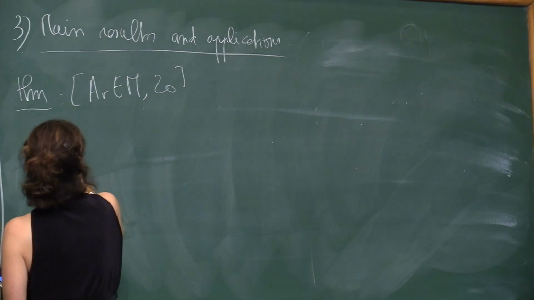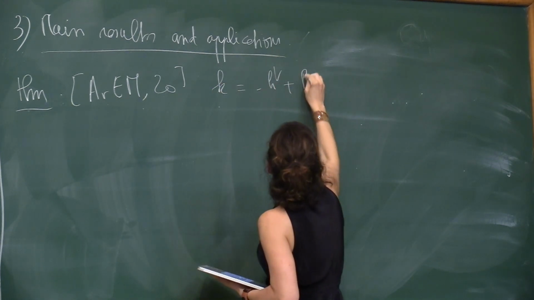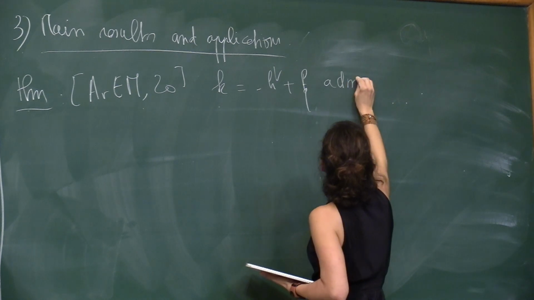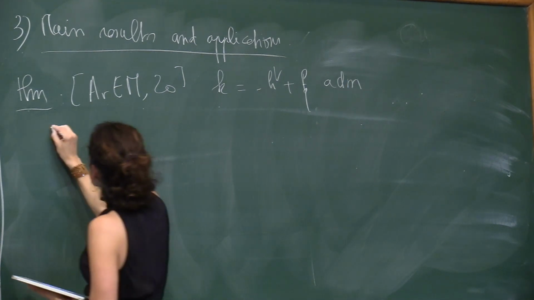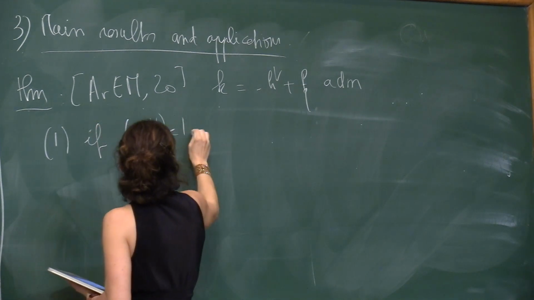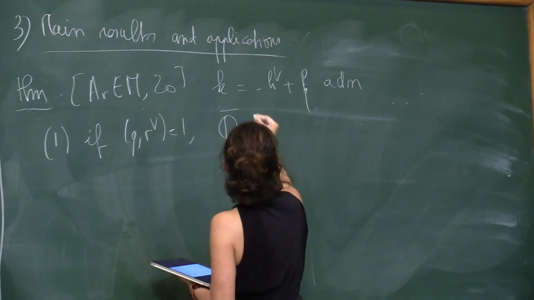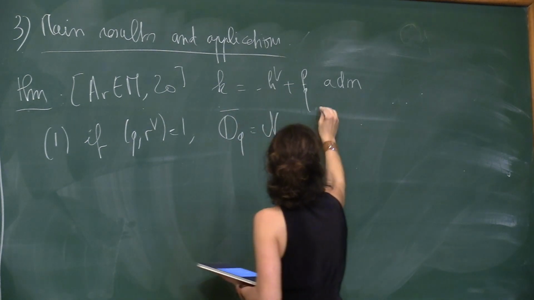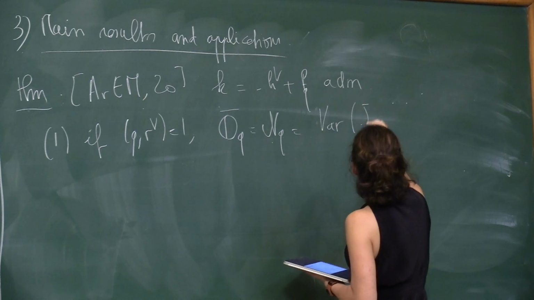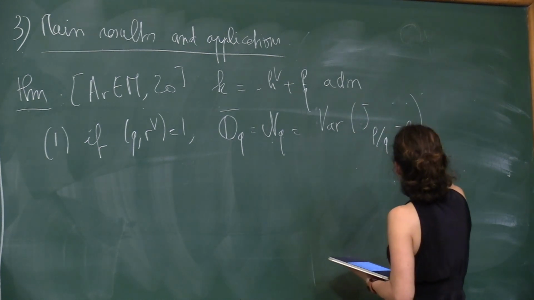So the result is the following. K is admissible, so as usual like this. And then the statement is that if Q is coprime with the lacing number, then O_Q, so if you want N_Q, is the associated variety of J, so it's rho over Q minus rho.